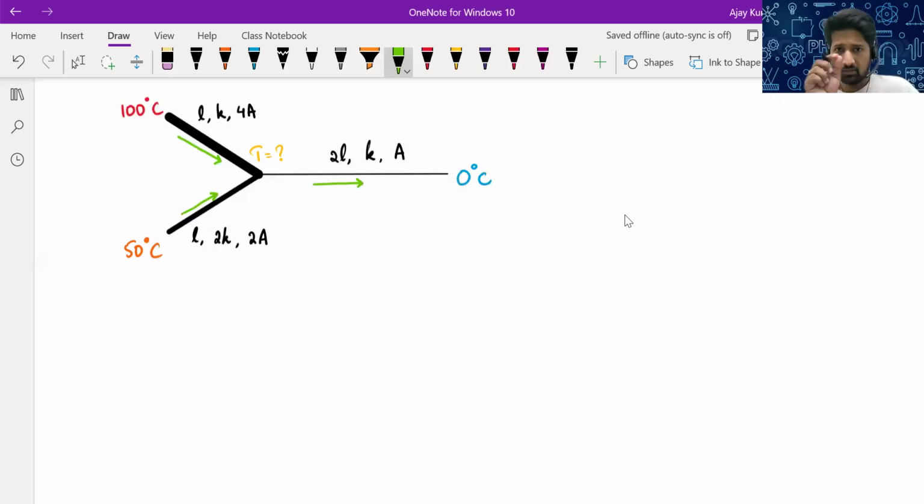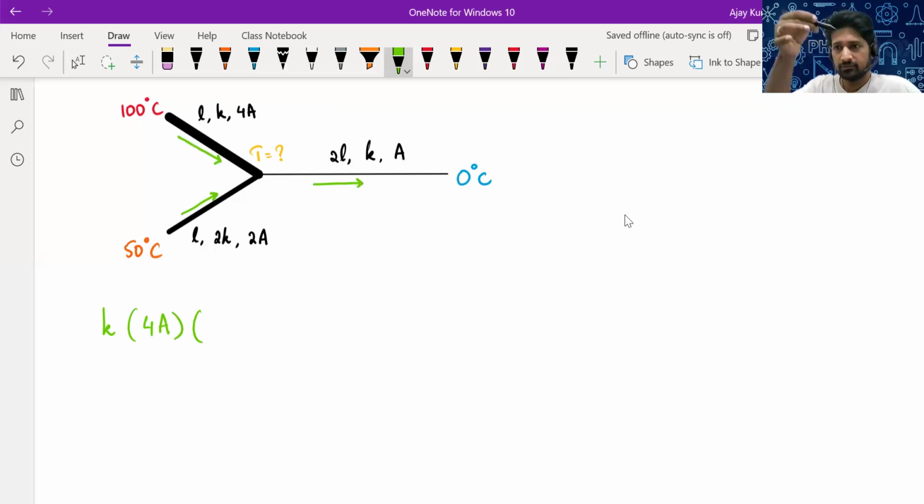Then in that rod whose one end is maintained at 100 degrees, I should write K, conductivity is K, area of cross section is 4A. How to write delta T? Initial temperature minus final temperature. Temperature at the first point minus temperature at the last point in the direction in which you are assuming the flow.